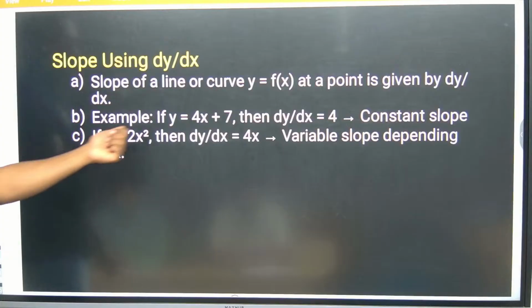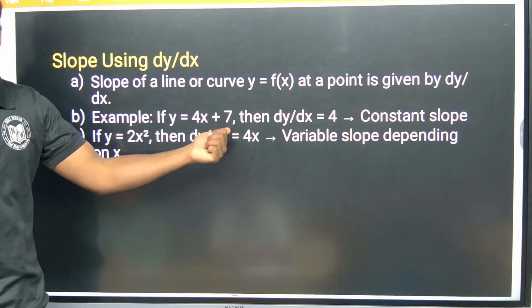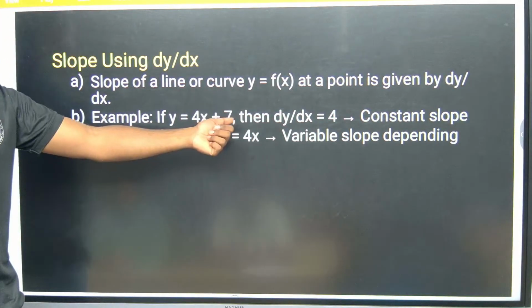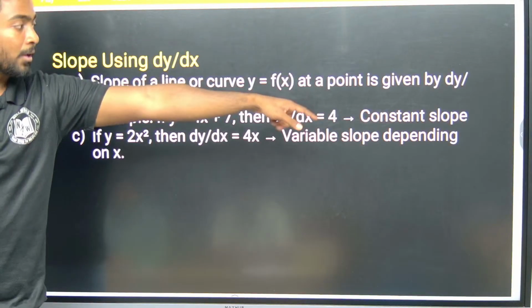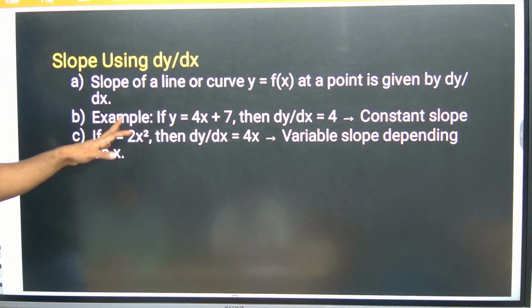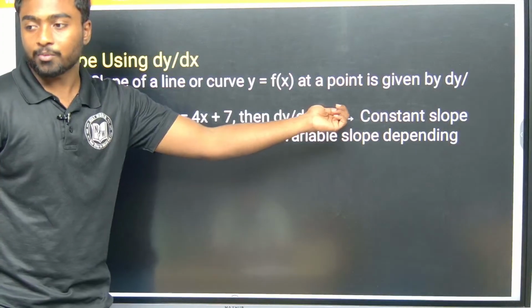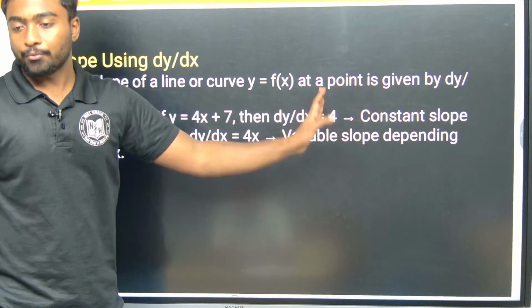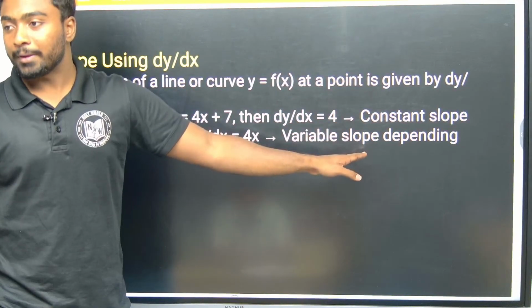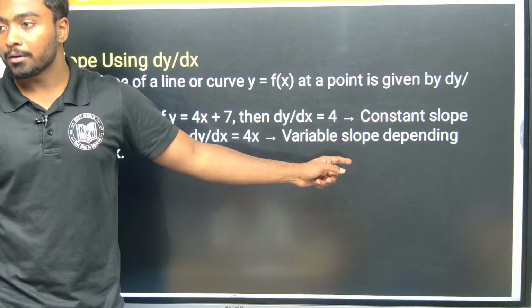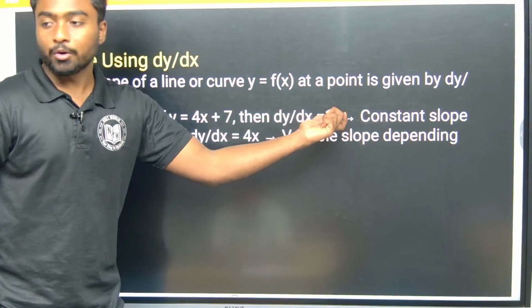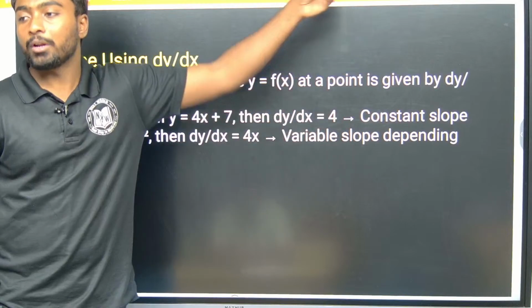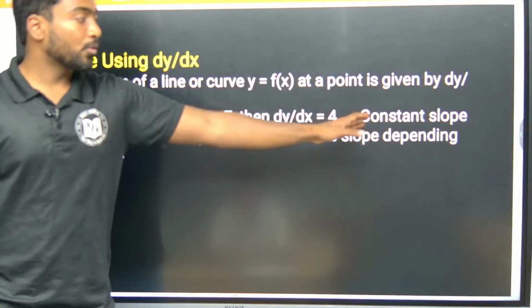For example, if y equals 4x plus 7, what is the differentiation of 4x plus 7? I will get 4. So it is a constant slope, there is no other term. If I substitute any value, I can't do anything. So it's a constant slope.